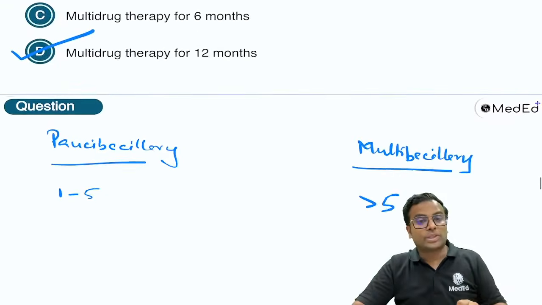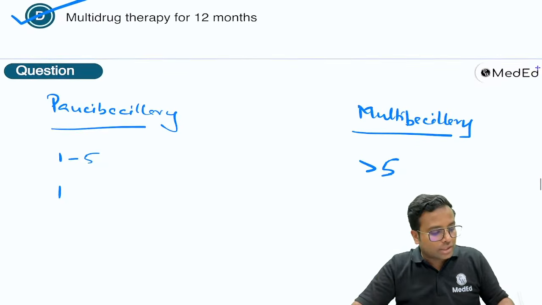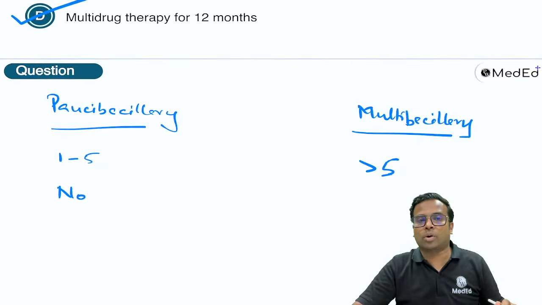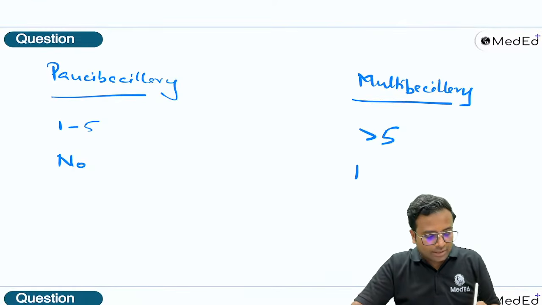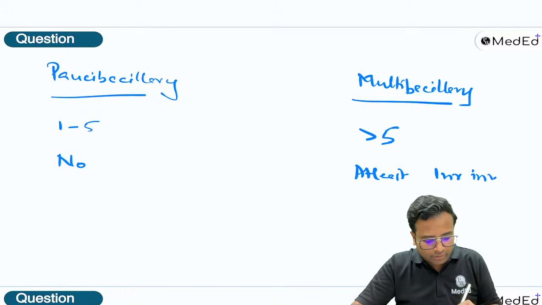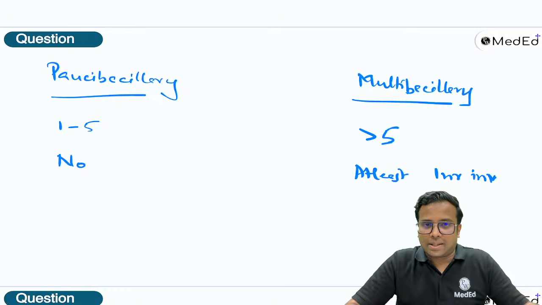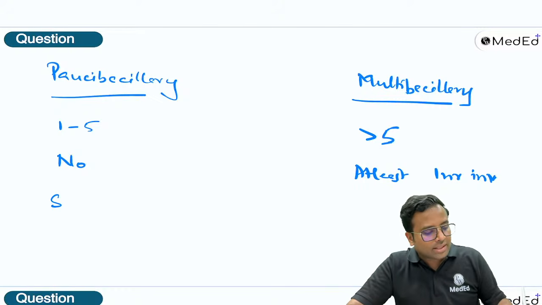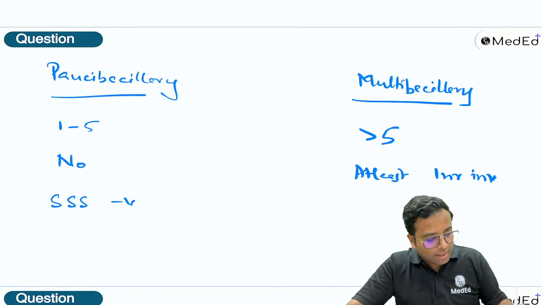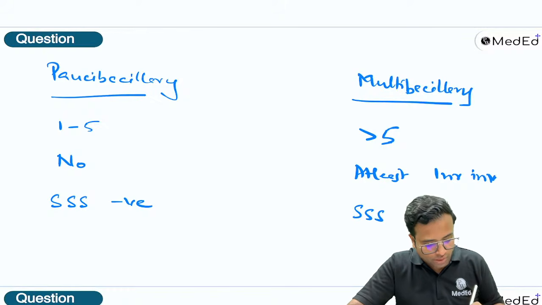But when you check for the nerve, there is no nerve involvement in paucibacillary, and at least one nerve involvement in multibacillary. And the skin slit smear may be negative here, and the skin slit smear would be positive here.